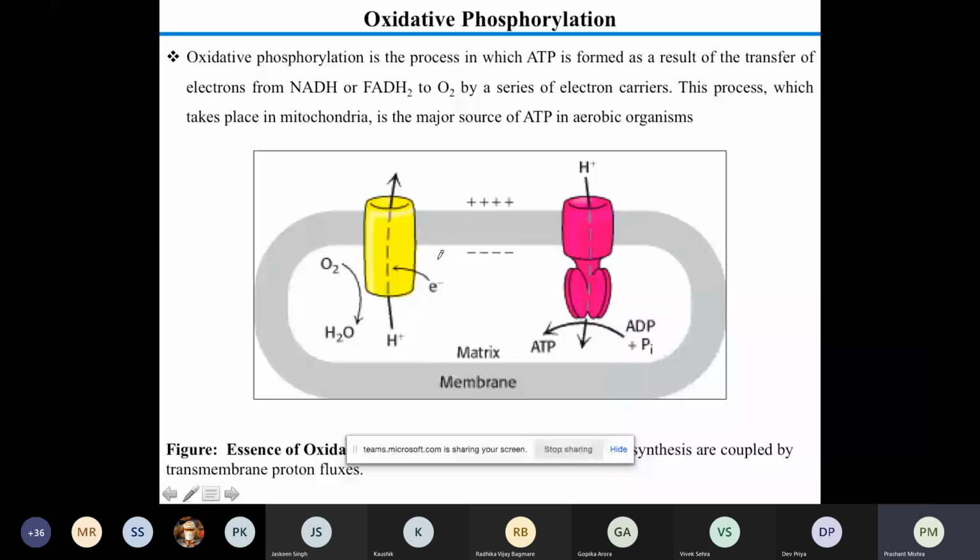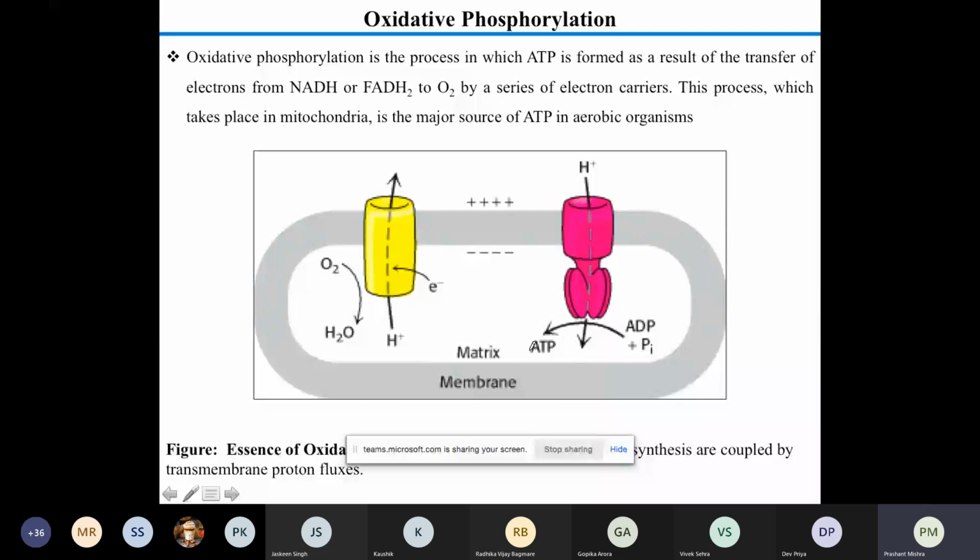So once proton is pumped out, there is a difference in the charge across the mitochondrial membrane, and this proton re-enters, and the re-entry doesn't happen from anywhere in the mitochondria. It happens only through the enzyme known as ATPase, and this enzyme allows proton to enter, and the energy which is responsible for this membrane potential is the one which will be responsible for synthesizing ATP.